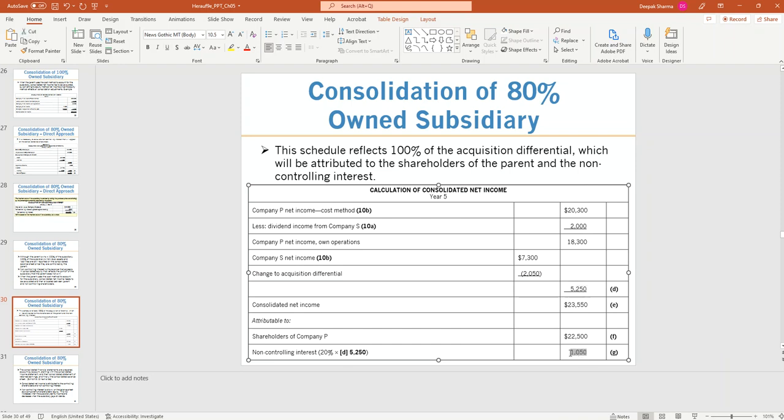How did we get that? That is 80% of this number plus 18,300. This gets allocated to parent, and then 5,250, 20% of that, belongs to NCI. That gets allocated to NCI.